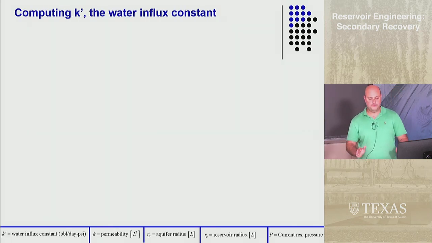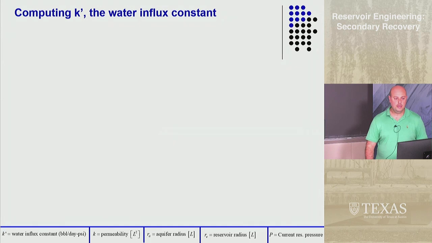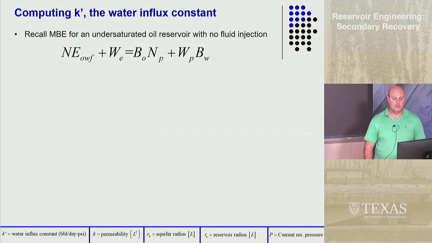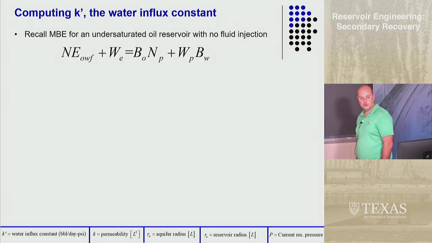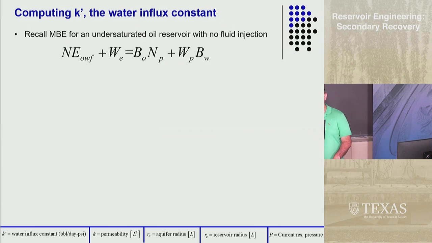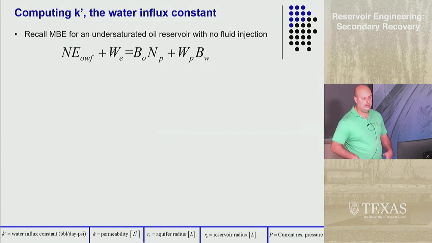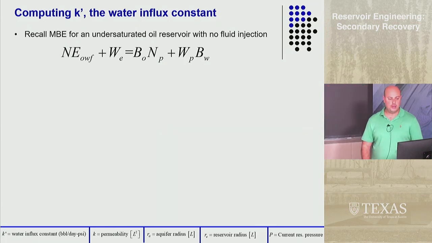So I will finish up with one more slide and talk a little bit about other ways to calculate this K prime, the water influx constant, as I'll call it. If we recall the material balance equation for an oil reservoir, there's no gas, so that's why I don't have the G term in there. N is the original oil in place. EOWF, we call that the expansivity, is related to the fluid properties.